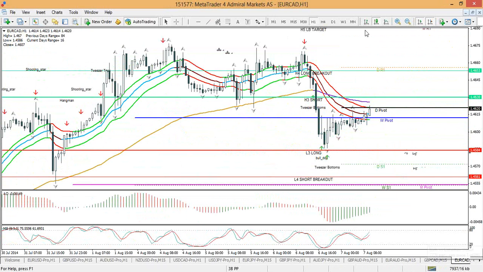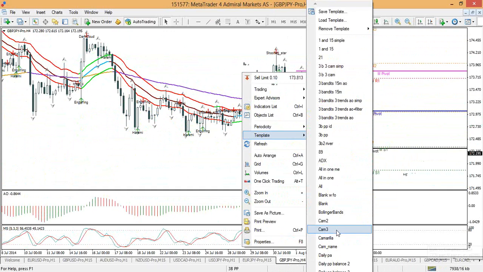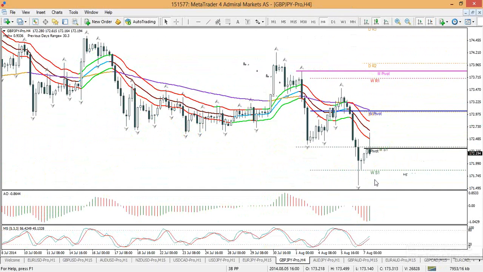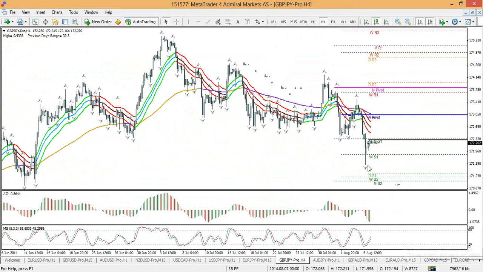Let me take a look at pound yen 4 hour. Four hour is not closed, but look at this, very interesting wick. And yesterday's fall in the pound yen really making a nice break of any support that was still present here.